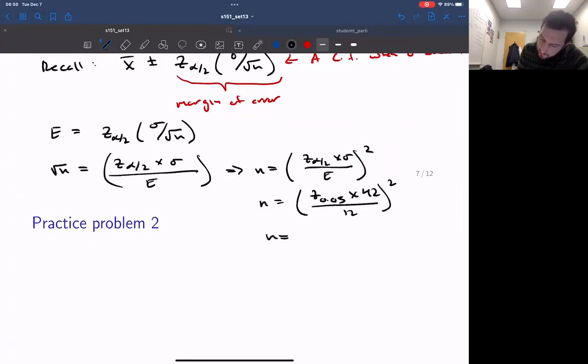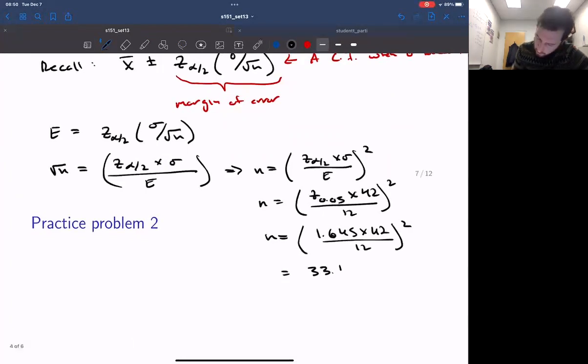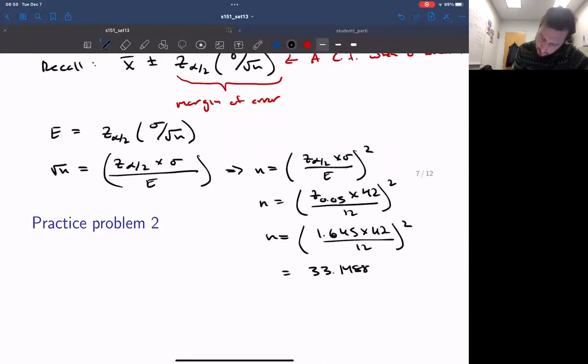Okay, so we have n is equal to 1.645 times 42 divided by 12, squared. So that should give us 33.1488. So therefore, we need 34 observations.